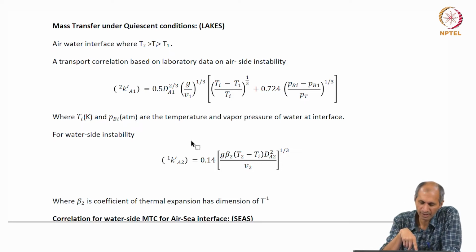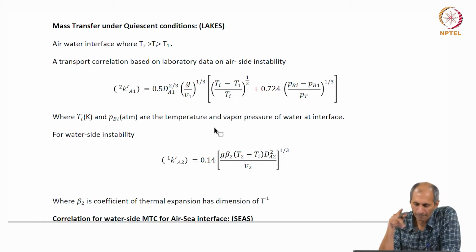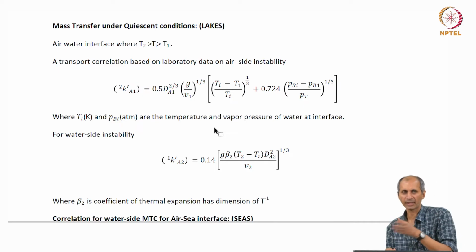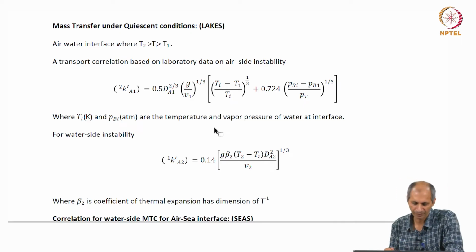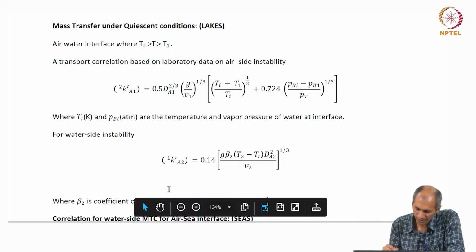So, the water is at a higher temperature than the interface and the air is at a higher temperature at this thing. Therefore, there may be some differences based on that. Yeah, so density difference is there, the gradient is in this direction and that causes movement. And so, for water side and air side there is a correlation given in terms of the coefficient of expansion and all that.